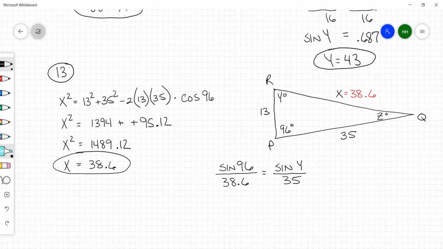Now we can solve for the sine of Y and use inverse sine to find that angle measure. So we're going to crisscross multiply. Sine of Y times 38.6 is equal to 35 times sine 96, 34.8. Going to divide both sides by 38.6.